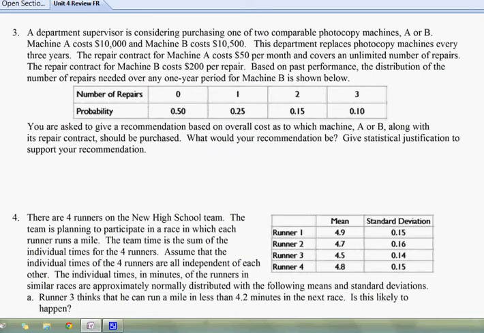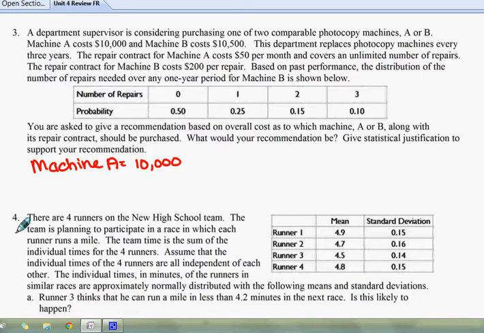Okay, number 3. You're talking about what would your recommendation be? Which is more expensive? Well, let's go with machine A. The cost for machine A is going to be $1,000.